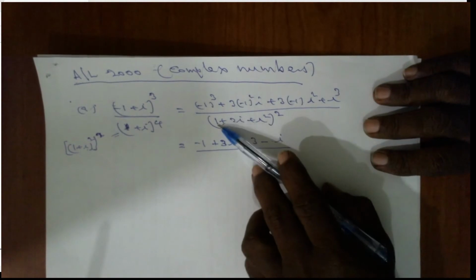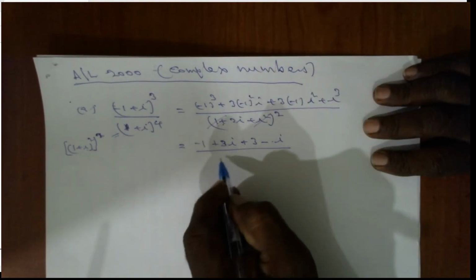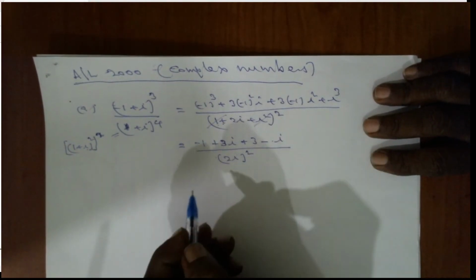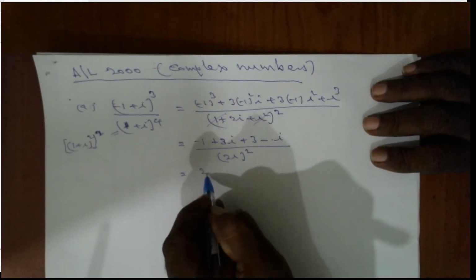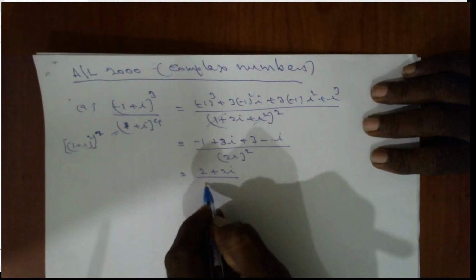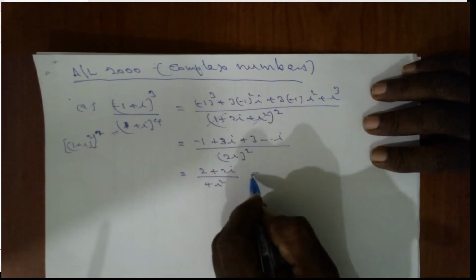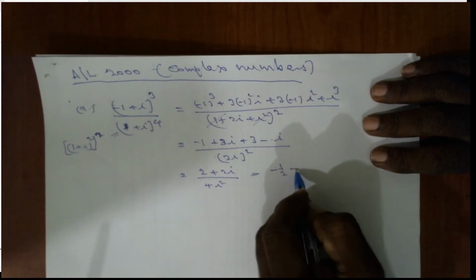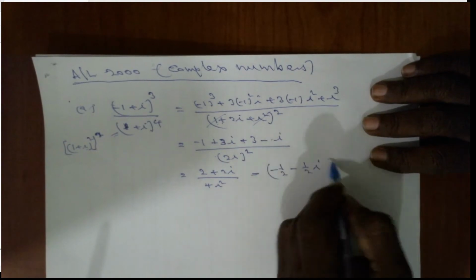This -1 and this 1 get cancelled, right? That is (2i) to the power of 2. So this equals (2 + 2i) over 4i squared. So this equals minus half, i. Okay.